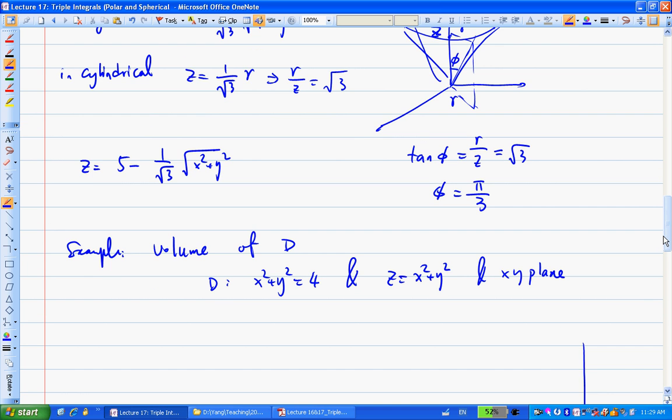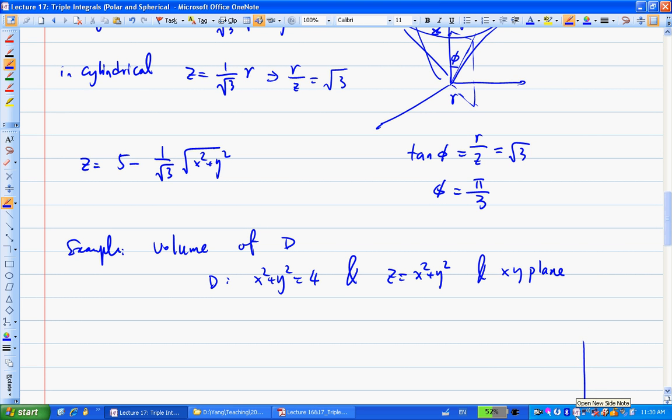Okay. So the volume is sandwiched by the three things here.